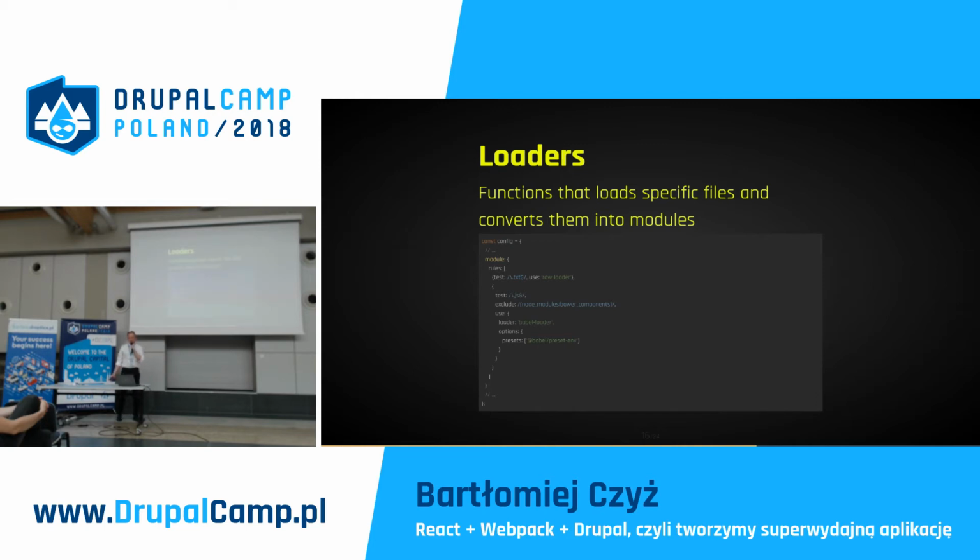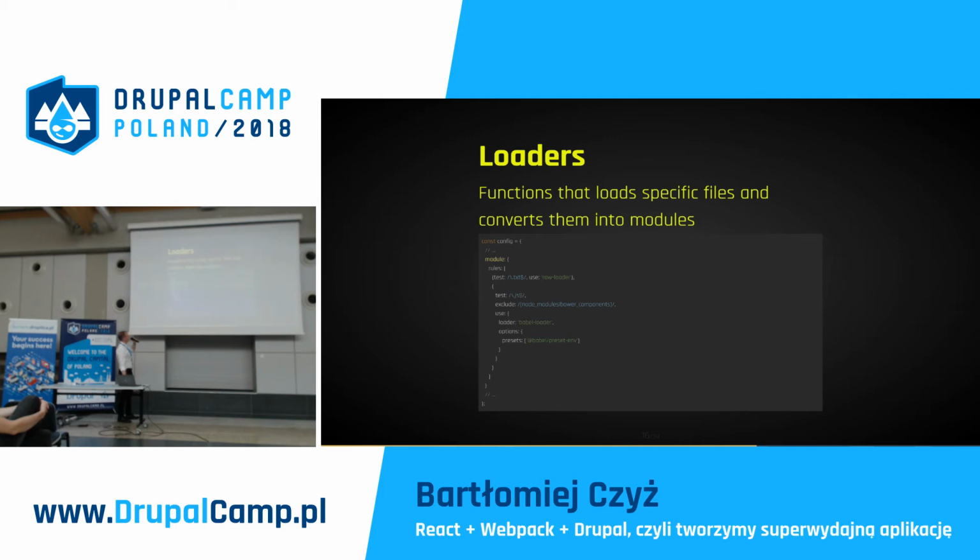How to load the files actually. We're going to use loaders, and loaders are functions to load specific files, and they convert them into ES modules. Yes, you might see or might not, but this presentation is going to be available for you later on. Here I have two loaders.